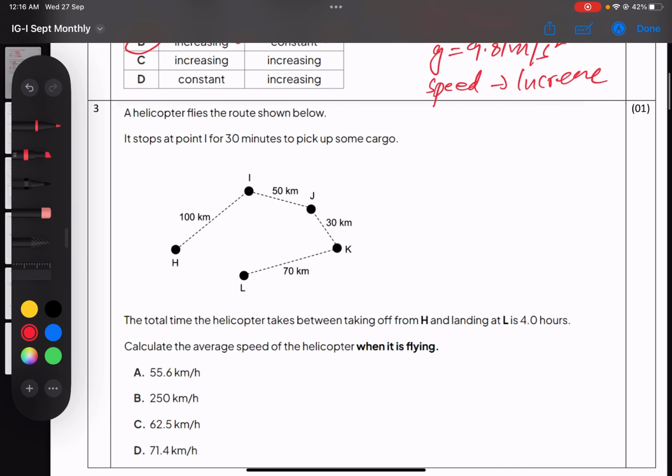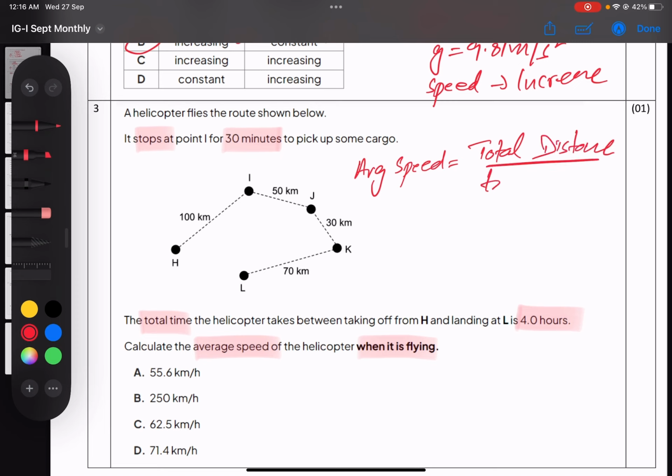Third question. A helicopter flies the route as shown in the figure and it stops for 30 minutes. The total time for the helicopter taking off and landing is 4 hours, and you have to find the average speed when it is flying. So average speed formula is total distance divided by total time.